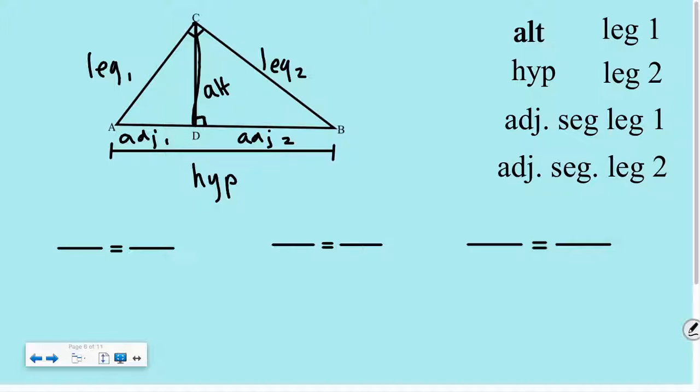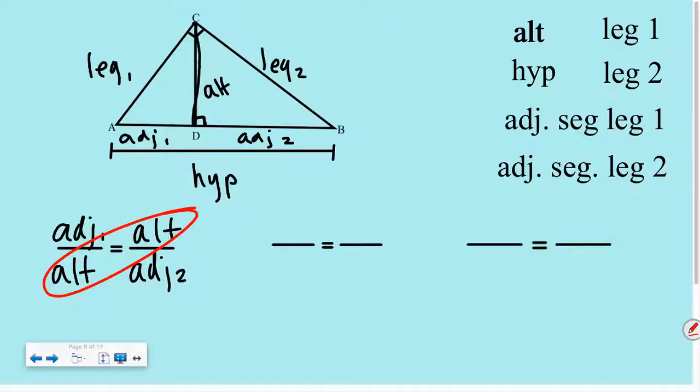Adjacent segment leg 1 over altitude equals altitude over adjacent segment leg 2. Good. Adjacent leg 1 is to the altitude as the altitude is to adjacent leg 2. The altitude is representing a geometric mean. That's what that first corollary says. It says the altitude is always a geometric mean.